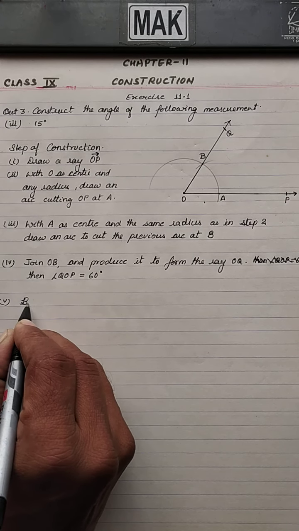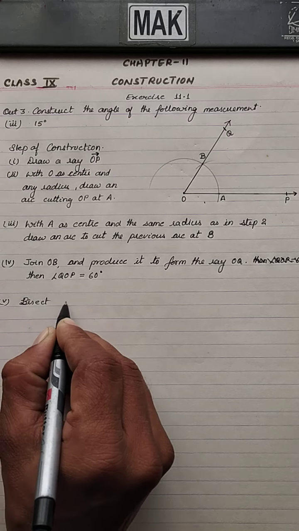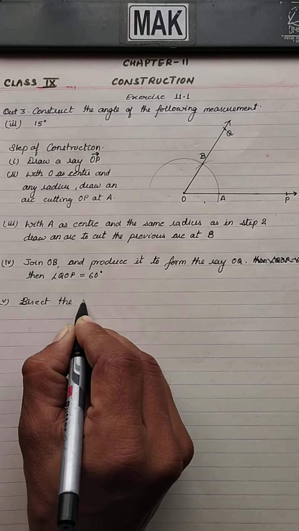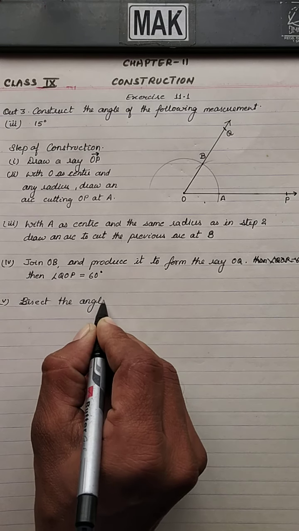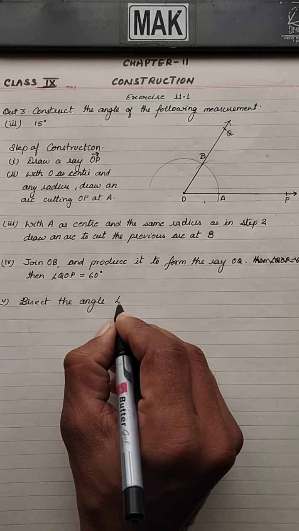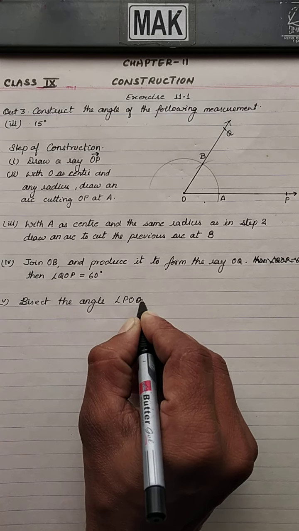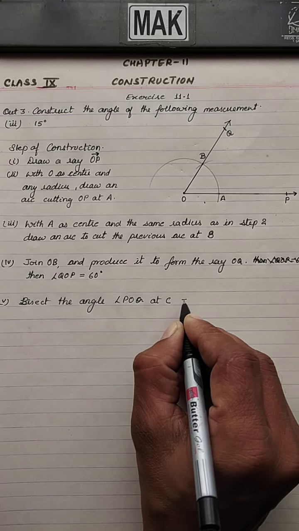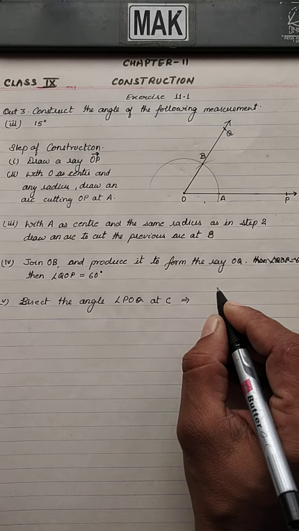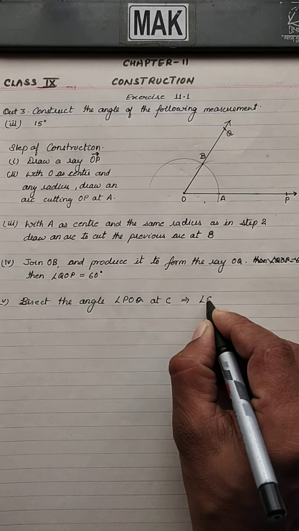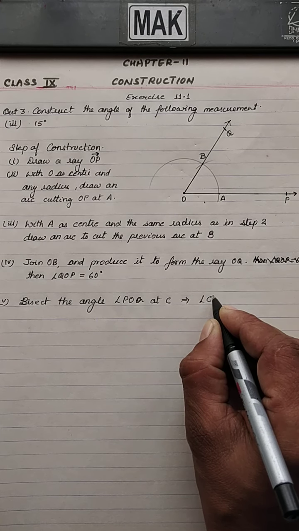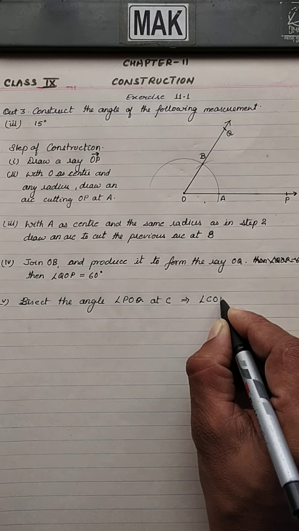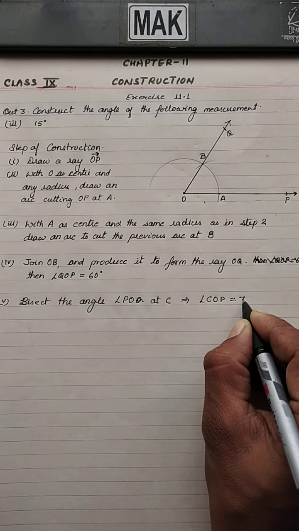Bisect the angle POQ at C, which means if you draw it at C, angle COP is equal to 30 degrees.